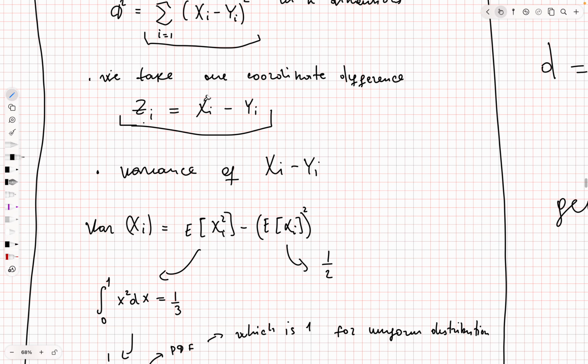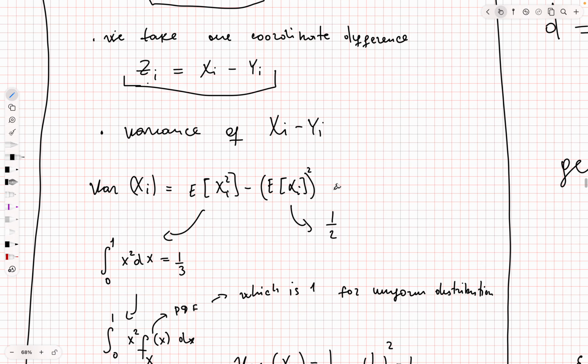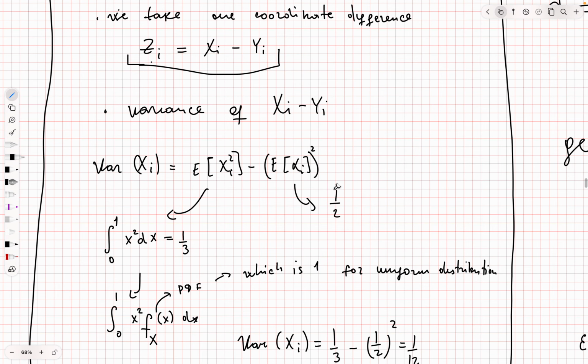You can think about it like if it changes from 0 to 1, and every value has an equal likelihood of happening, and then the expected value will be 1 over 2.